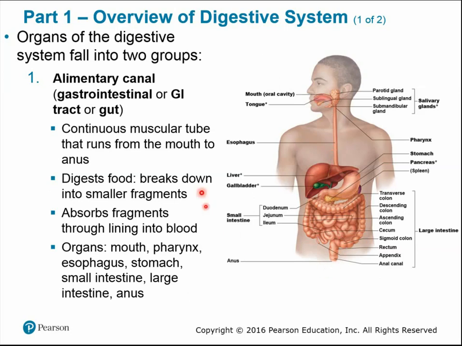As it travels throughout the GI tract, food is going to be broken down into smaller and smaller fragments until we break it down into its basic molecular building blocks that we can then absorb through the intestinal lining into the blood. So some organs involved in this alimentary canal include the mouth, the pharynx or the throat, esophagus, stomach, small intestine into the large intestine, and then finally out through the anus.